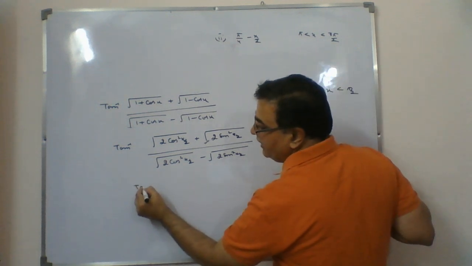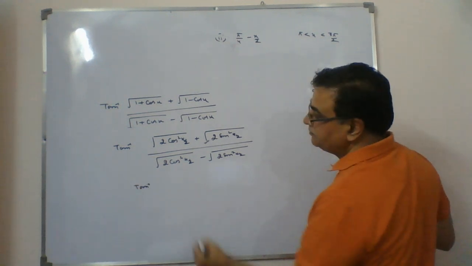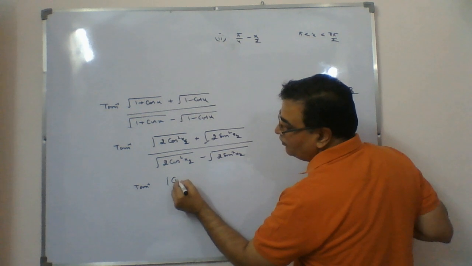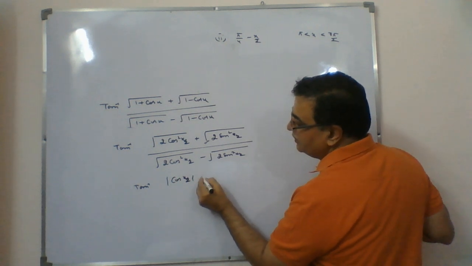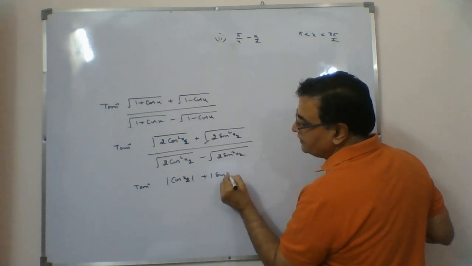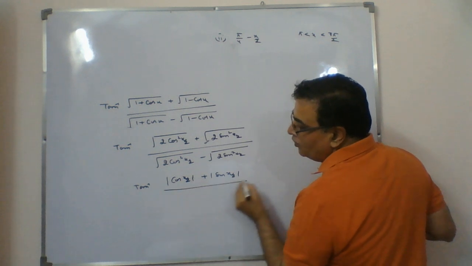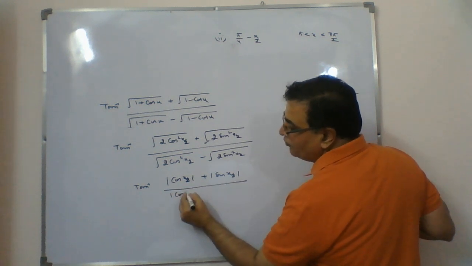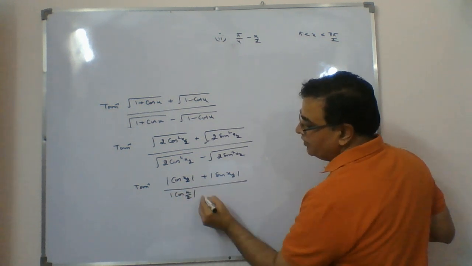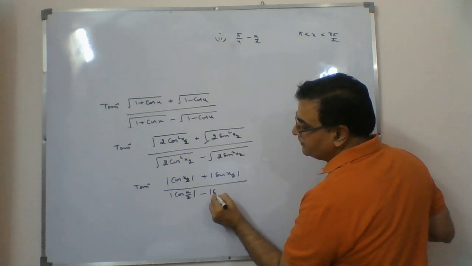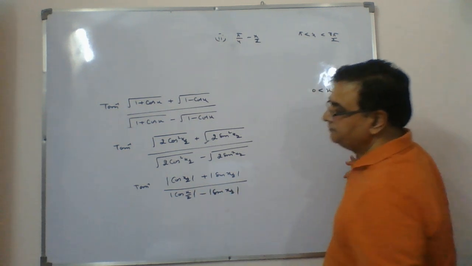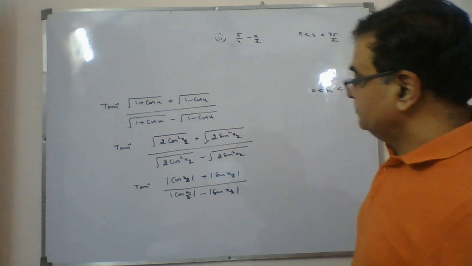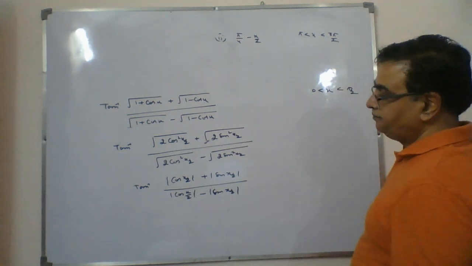Then we write this as tan inverse of modulus of cos x by 2 plus modulus of sine x by 2, whole divided by modulus of cos x by 2 minus modulus of sine x by 2. This is the result we have.